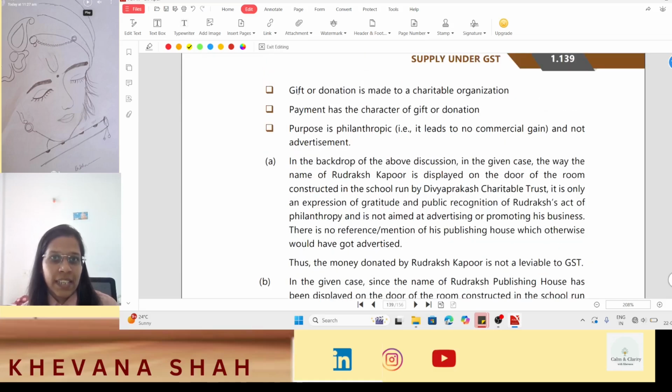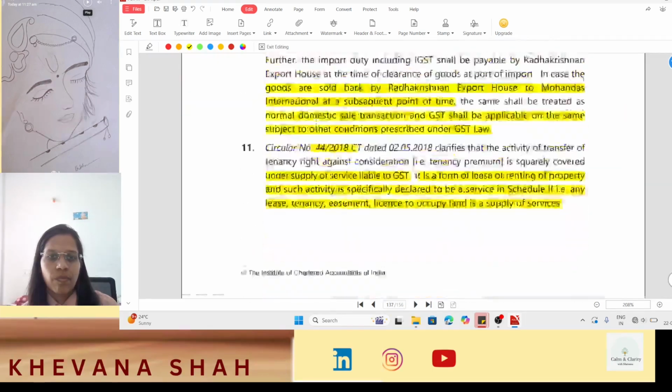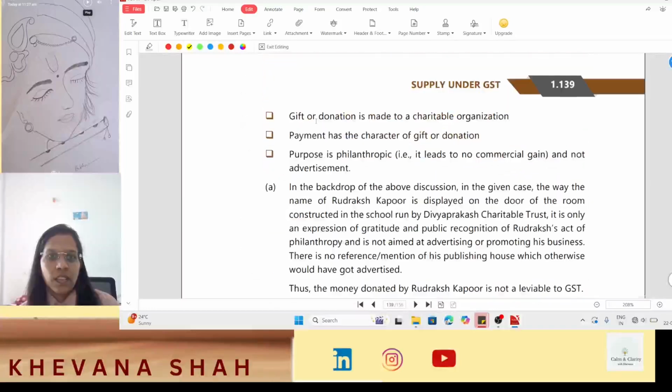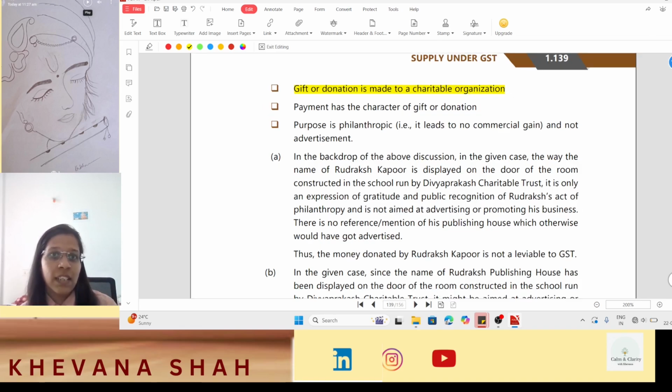In case the gift or donation is made, you have to check three conditions: if the gift or donation is made to a charitable organization, if the payment has the character of a gift or donation, and if the purpose is philanthropic, that is, not for advertisement or commercial gain.